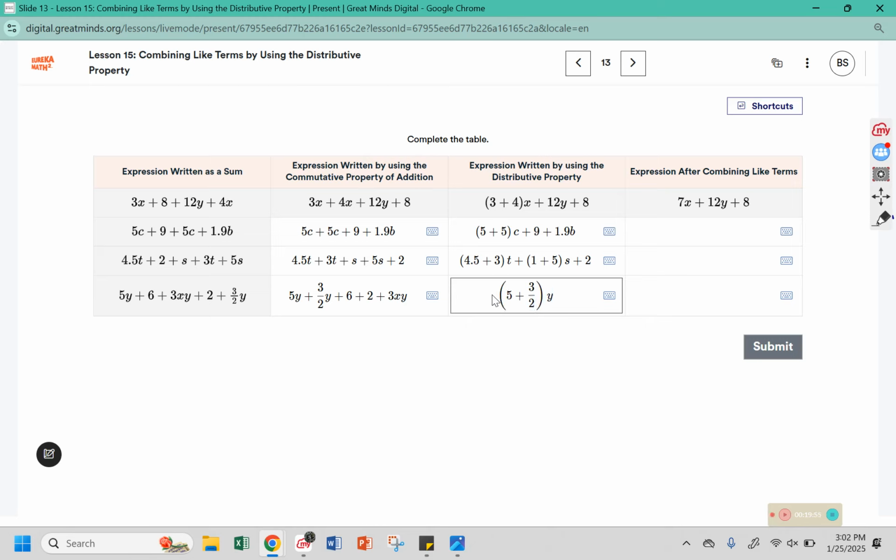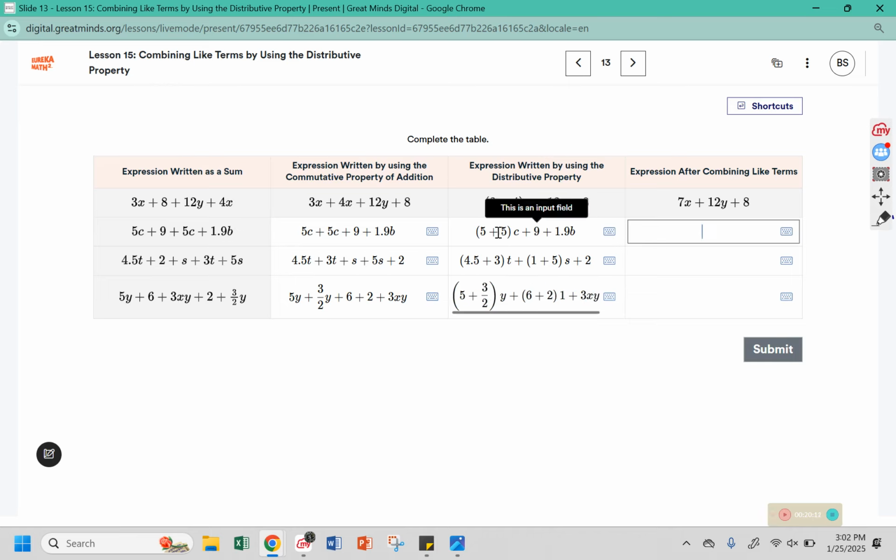I have 6 and 2 for the numbers multiplied by 1. And then I have a 3xy. So I can combine the pieces inside those terms.